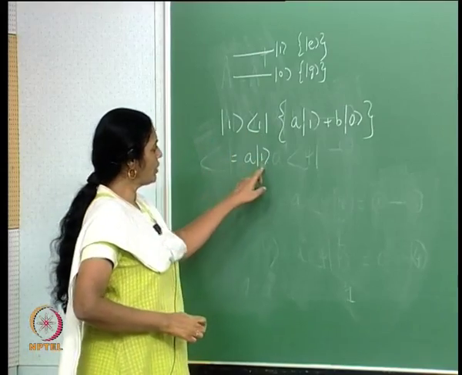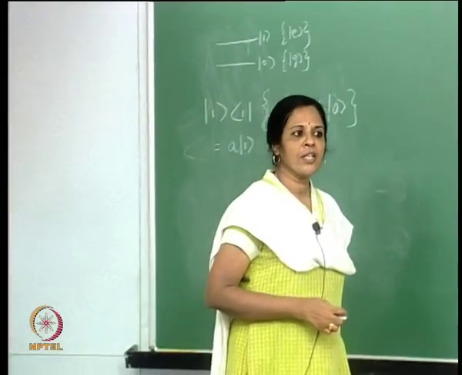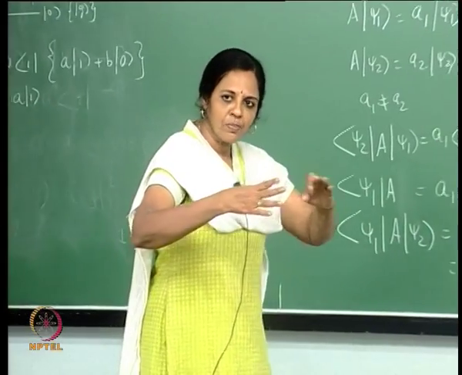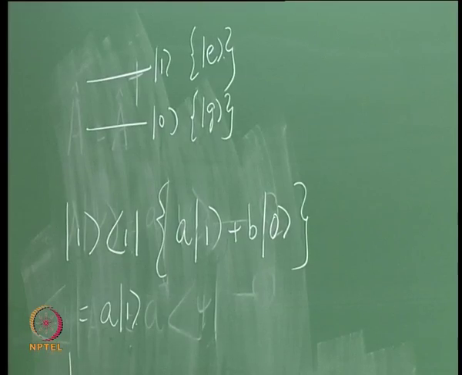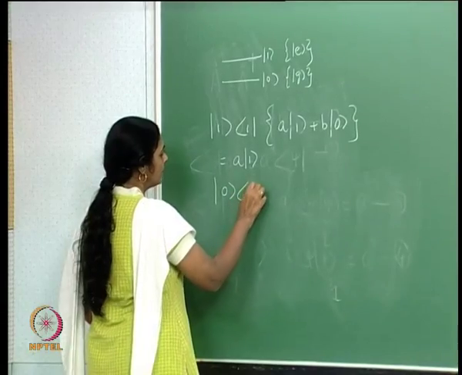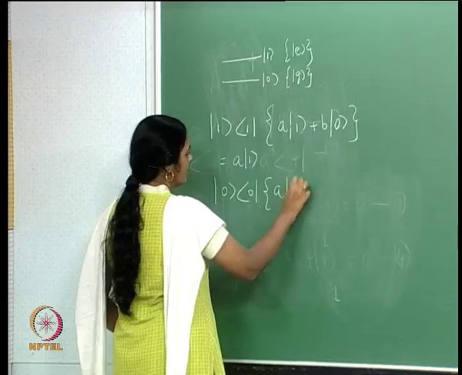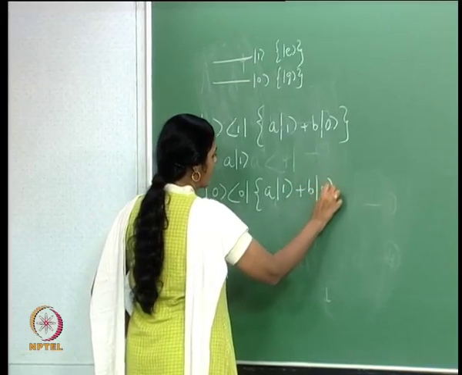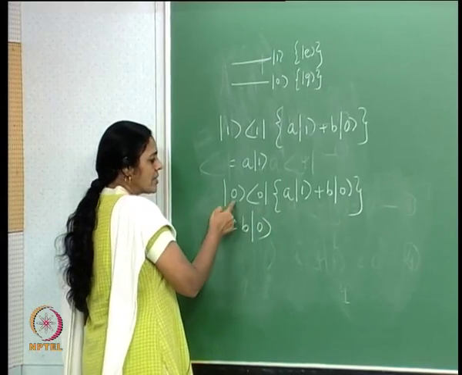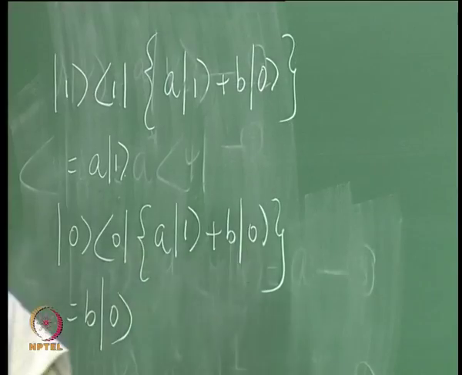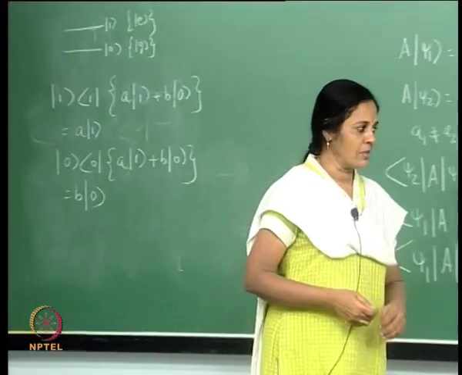So this is the projection operator onto the subspace of the linear vector space, which is spanned by the basis state 1. Similarly |0><0| acting on any arbitrary state gives me B times ket 0, and this is therefore the projection operator onto the subspace spanned by ket 0.